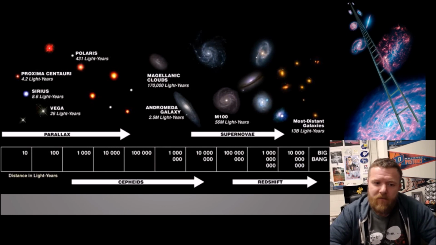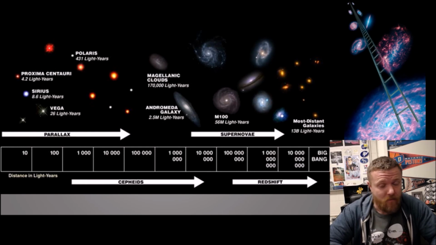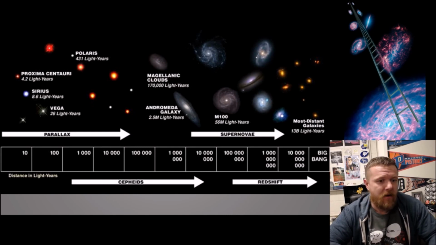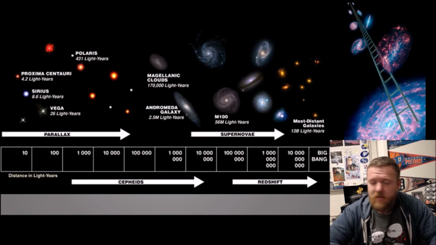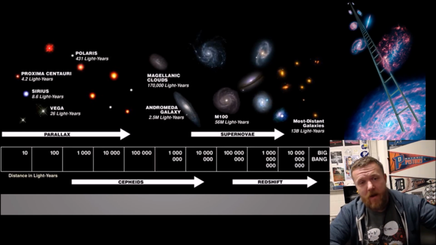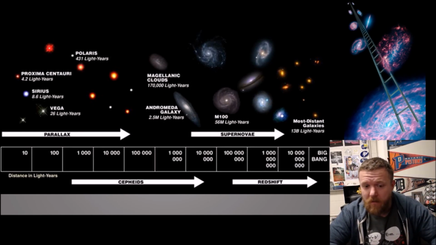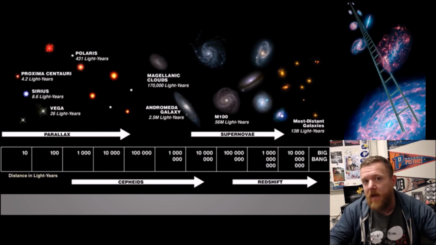But because we have Cepheid variable stars and supernova in some distant galaxies, we can basically determine the distance to that galaxy using a Cepheid variable star, and then we can calibrate the method of using supernova in order to calculate distances. Which is why we refer to this as a ladder. Because if you don't have the bottom rungs of the ladder, parallax, Cepheid variable stars, the top rungs, the farthest away objects, like supernova and looking at redshifted galaxies, those methods are not going to work.